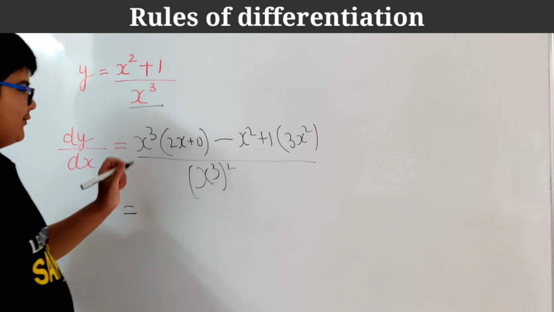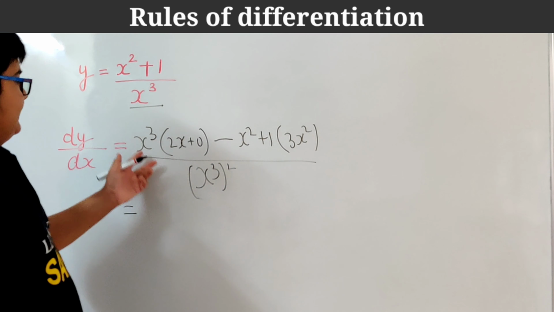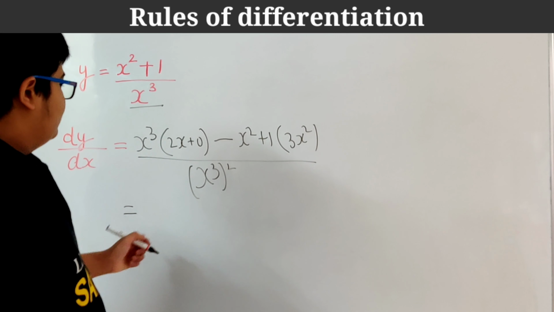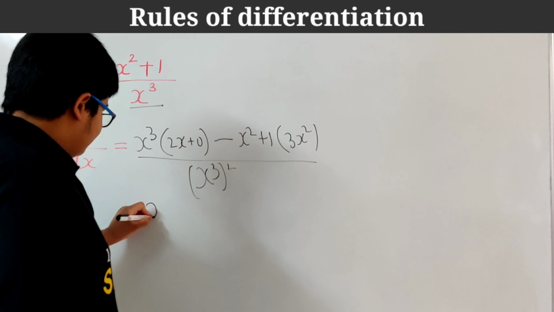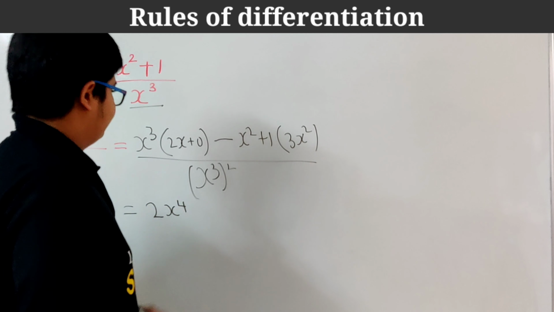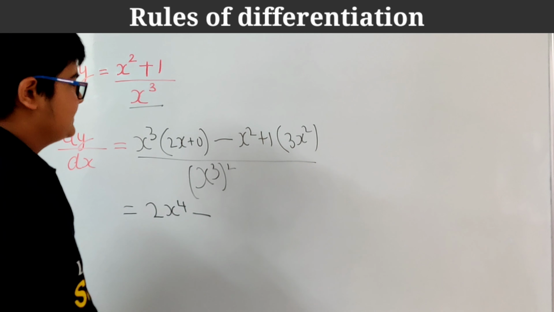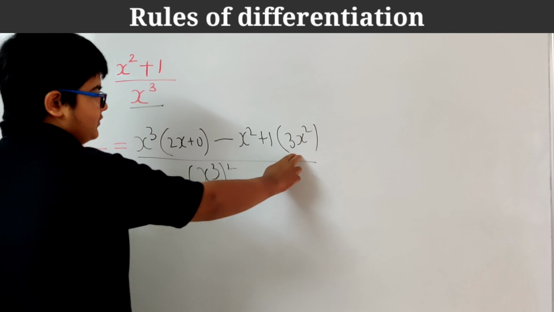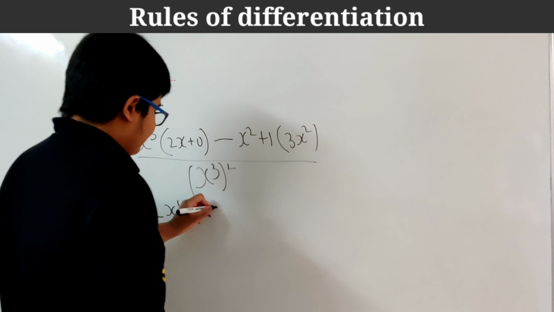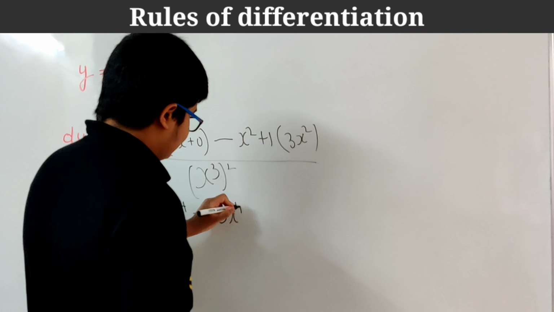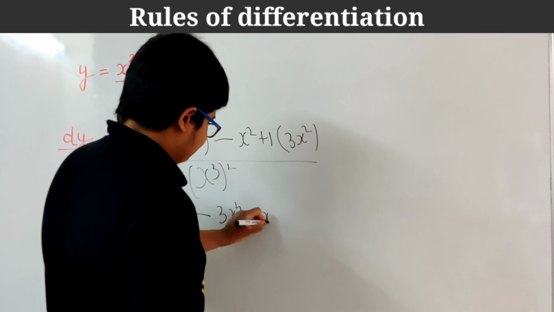Now we just have to simplify this. So x cube into 2x will become 2x to the power 4, minus x square plus 1 into 3x square. So this will become 3x to the power 4 plus 3x square.